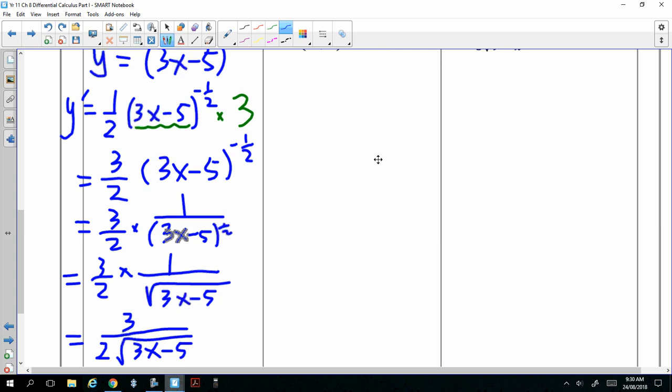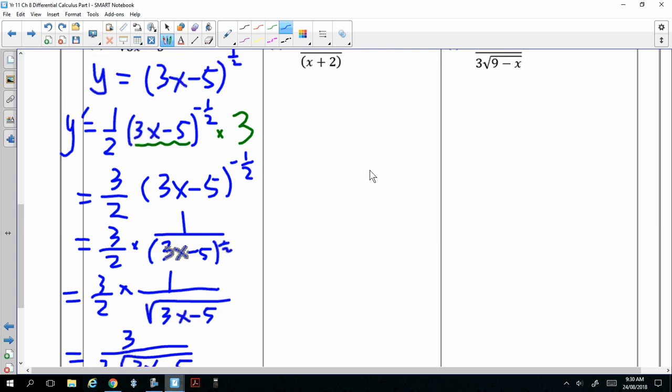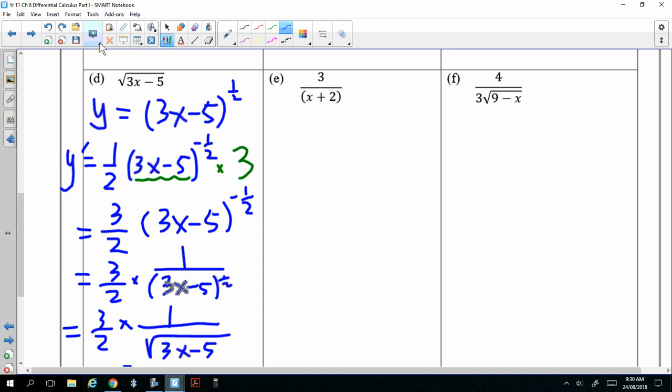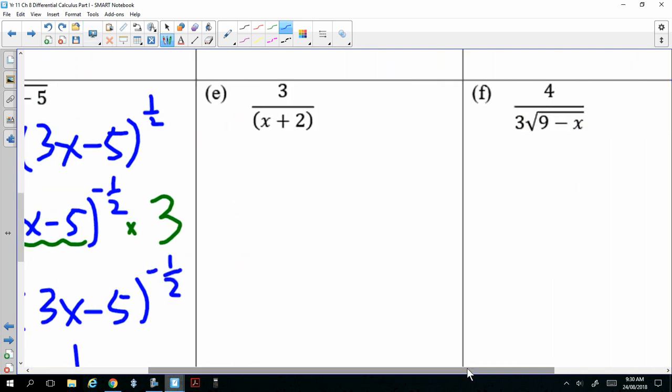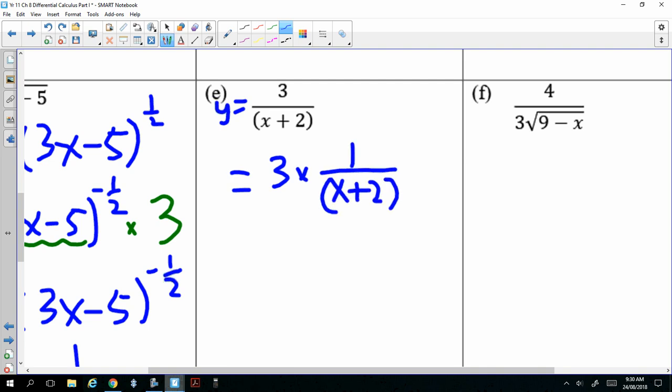Let's try it. Okay. We'll write y there. So what you do is you write 3 times 1 over x plus 2, and then you write it as a negative index. Yes? That's just your first step. This is still y. Then we're going to do y dash.